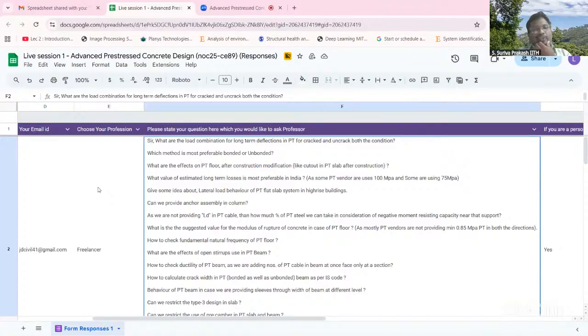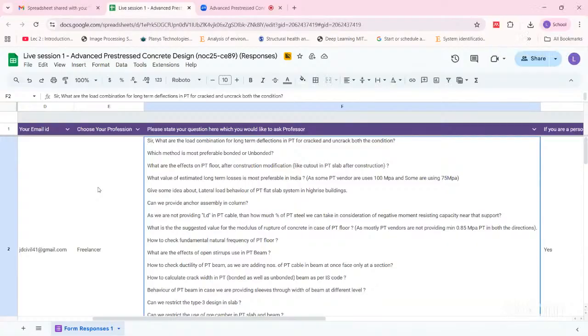But for a new construction, you can provide all these PT cables outside, right? Then we can put it outside. Or as a PT beam, you're designing it right from the beginning. For example, even for a PT slab, the cable actually goes through the column, but not the anchor. The anchor will be probably at the end, but you have to design it properly. But we try to avoid it as much as possible, right?